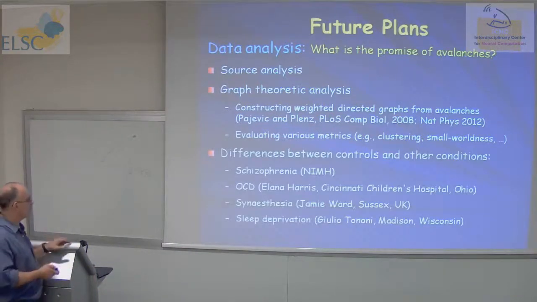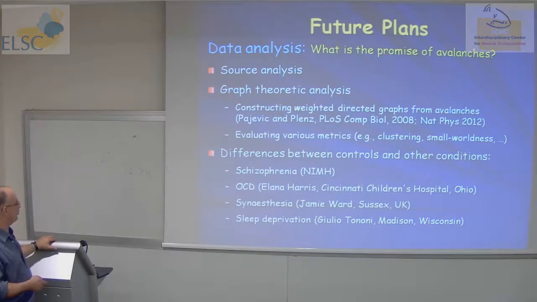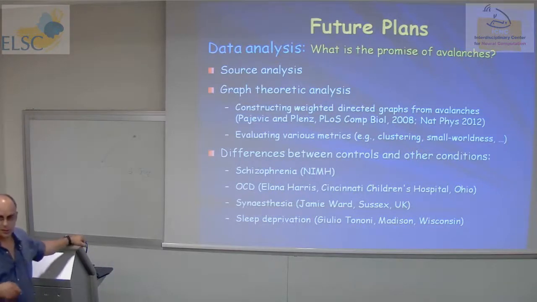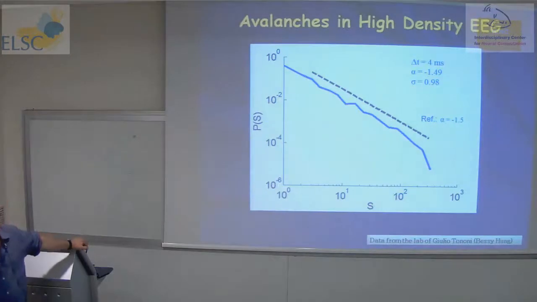So I also started to look into data sets from different types of patients, like schizophrenic, obsessive compulsive disorder. These are MEG data sets. But I also have, I'm going to get some EEG data sets about synesthetics, and I have some sleep-deprived data sets from the lab of Giulio Tononi. And here's an example, because they were obtained using high-density EEG.